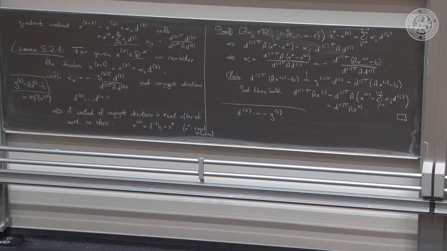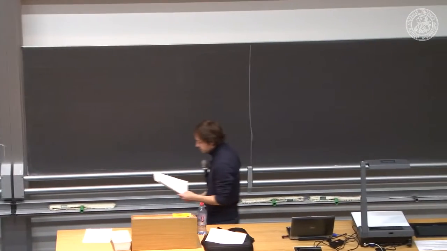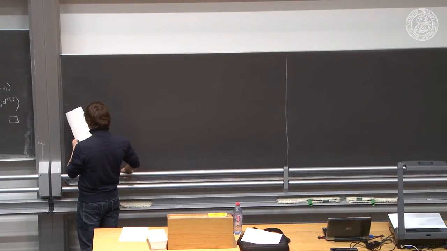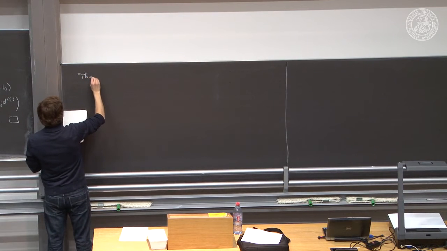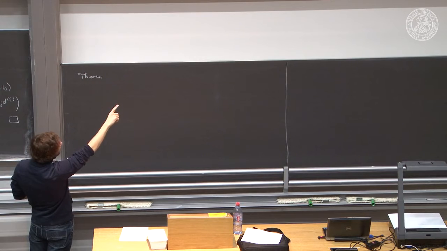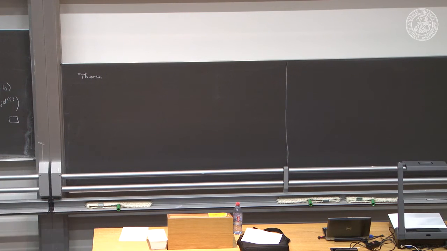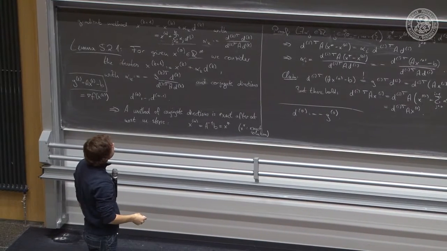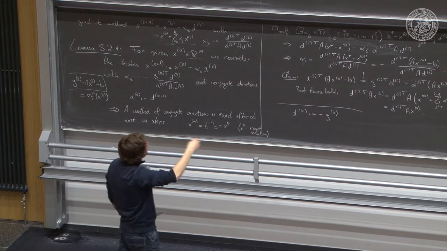So one of the nice properties you can see here on the slide, but I also write it down once again at the blackboard, is that these subspaces K(A, g0), which were spanned by our conjugate directions, are indeed also spanned by the gradients, or by the gradient of our functional at the initial data g0 and this vector to which the matrix A is applied several times.